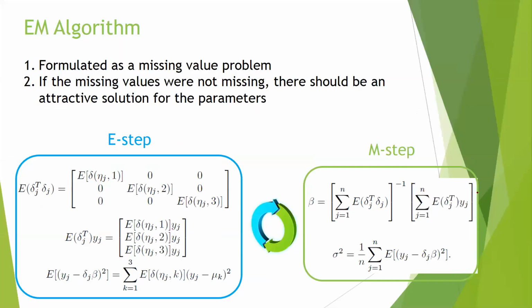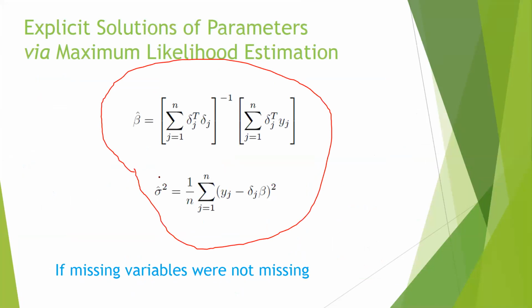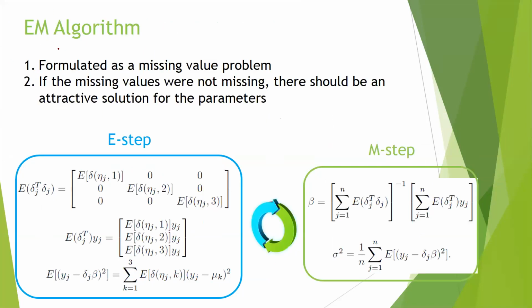Okay, suppose we knew these missing values, then we can easily get the MLE. However, if we do not, then we can use the very famous EM algorithm to help us solve the problem. Because we do not have these numbers, the delta, we can calculate the expectation for these things.